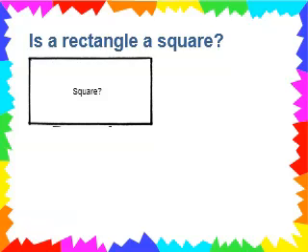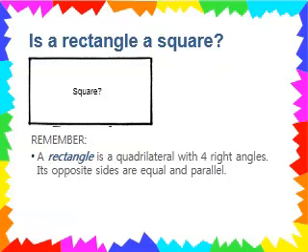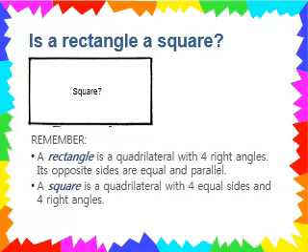But can we say that a rectangle is a square? When we say that a rectangle is a square, that means the properties of the square should also be in the rectangle. Let us remember this together. The rectangle has 4 right angles and the opposite sides are equal and parallel, but the square has 4 equal sides.